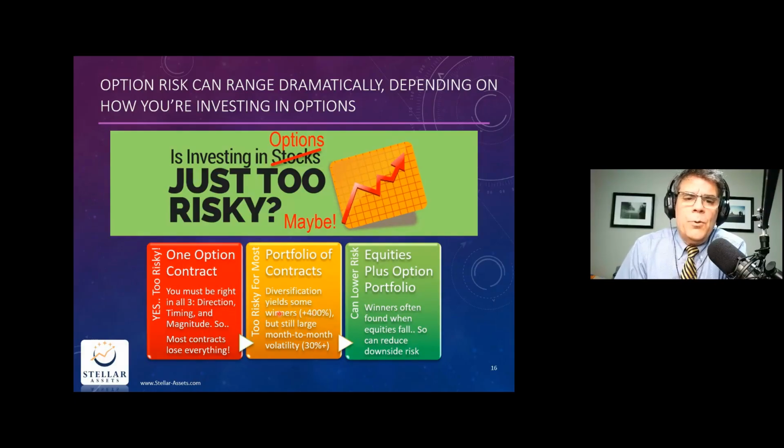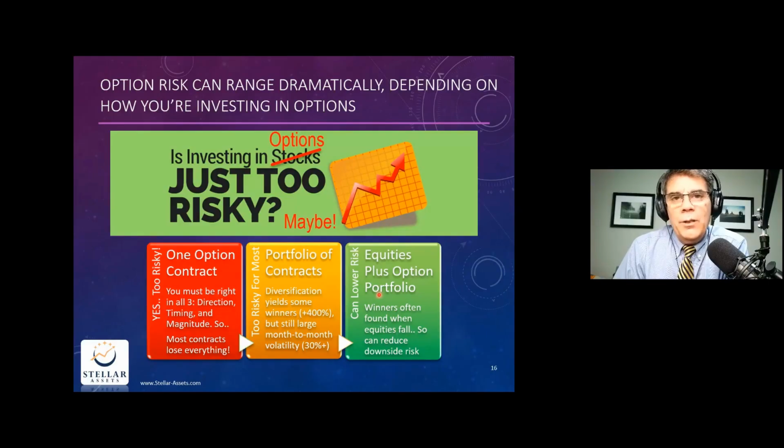Well, what if we take that portfolio and we make it a small slice of a normal equity portfolio? Okay, so the volatility is decreased even more. Furthermore, the winners from this portfolio often happen when the market declines, and that's when you need those winners the most, right?